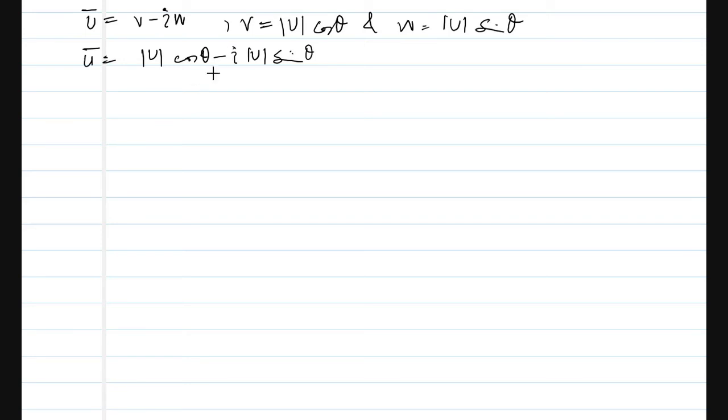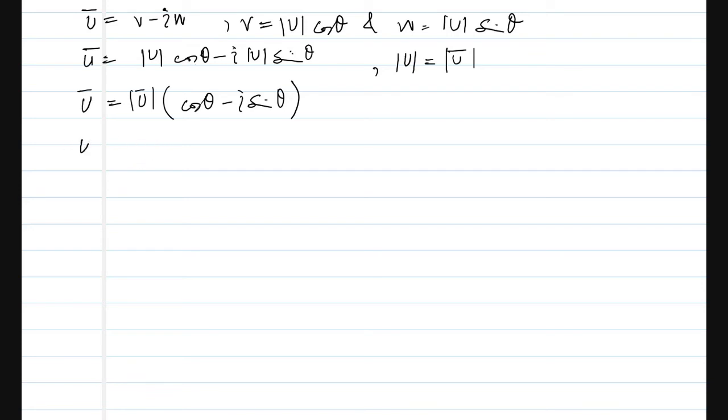Clear? You also know from this graph that u mod is equal to u bar mod. The magnitude of both is the same, and if you are confused on this step, just do it yourself and you will realize that they are equal. If you take u bar mod common, it becomes cos theta minus iota sin theta. So the equation becomes u bar is equal to u bar mod times cos theta minus iota sin theta.